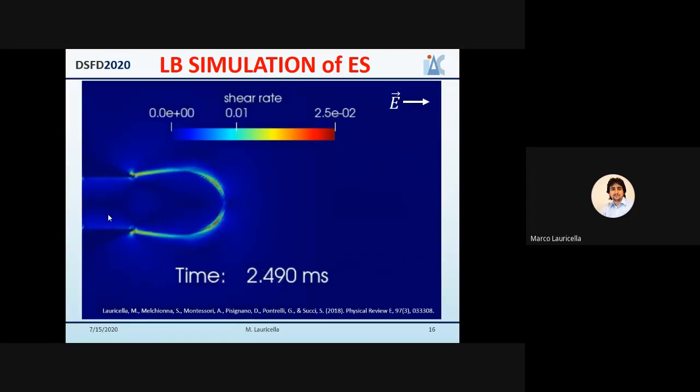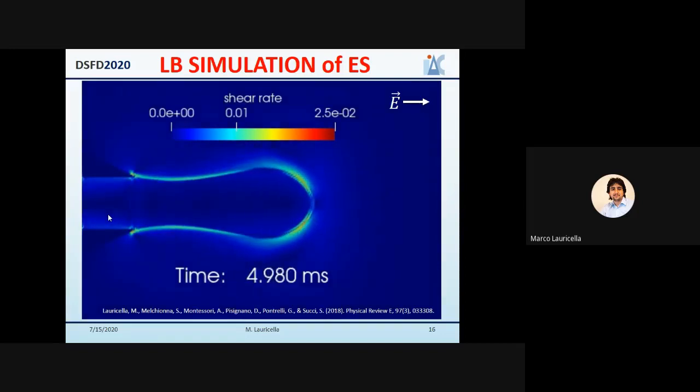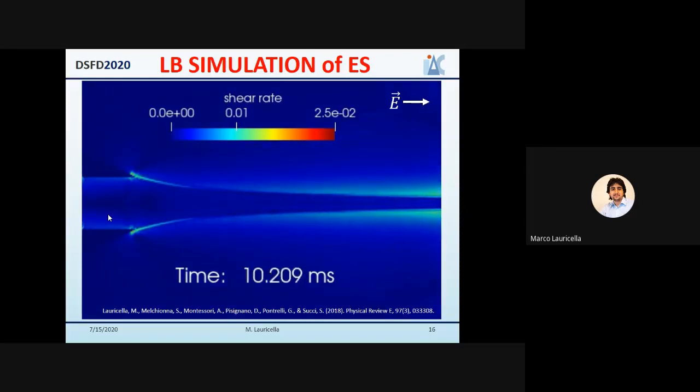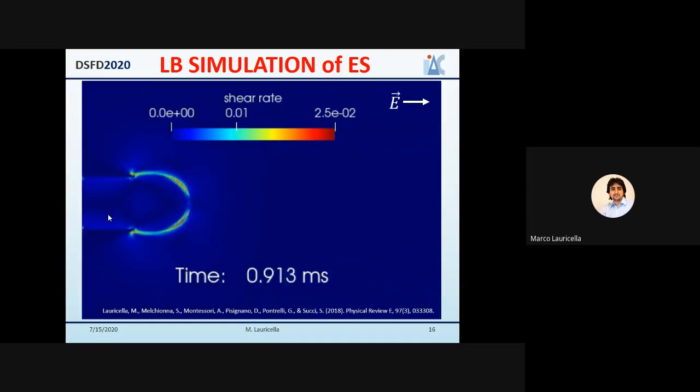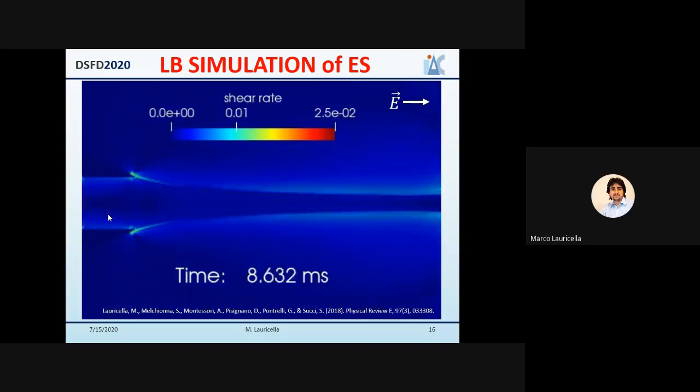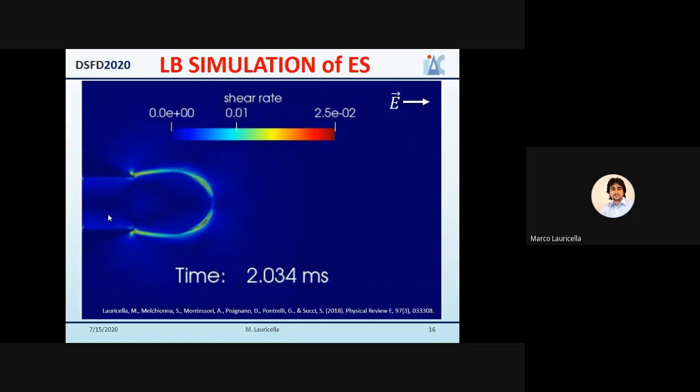Furthermore, we can also obtain information on observables that are difficult to resolve in experiments. For instance, this is the shear rate observed in a simulation with a power index equal to 0.75. And as an intriguing point, we can observe how the presence of the charge on the interface provides an important shear rate value exactly at the interface.